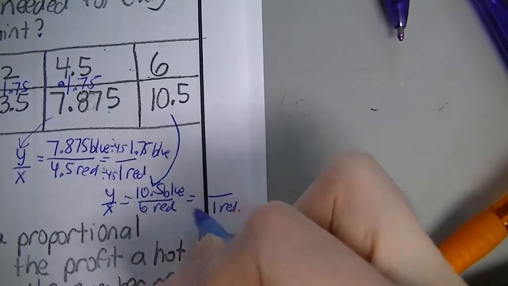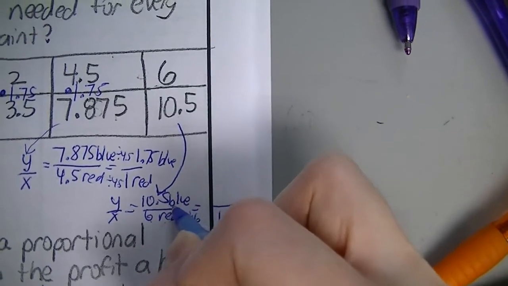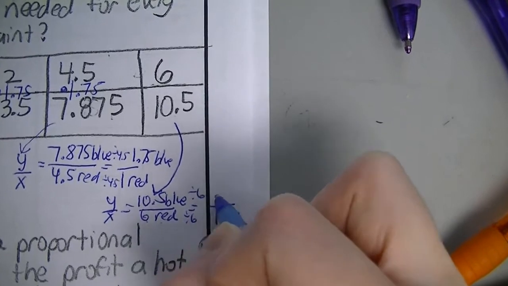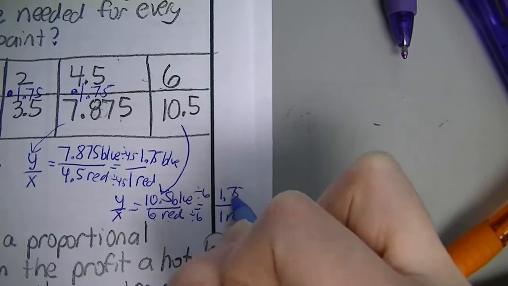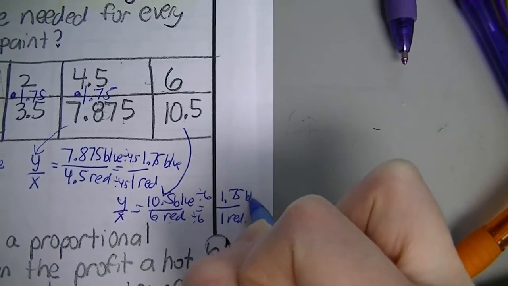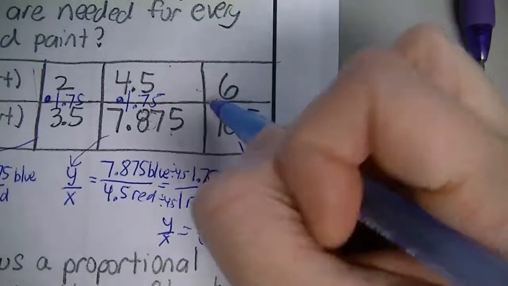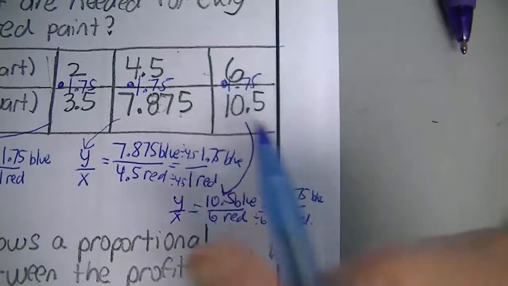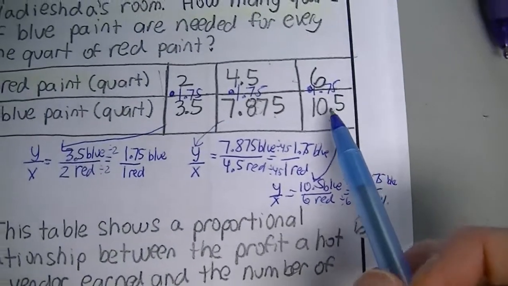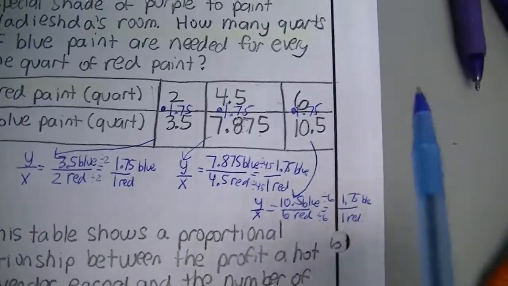So we got to go 6 divided by 6, because 6 divided by 6 is 1. So you got to go 10.5 divided by 6, and you would get 1 75/100 quarts blue. Sorry, it's so smushed, okay? Go back up here to your table. 1 75/100 quarts is the unit rate per 1 75/100 quarts of blue paint for every quart of red paint.